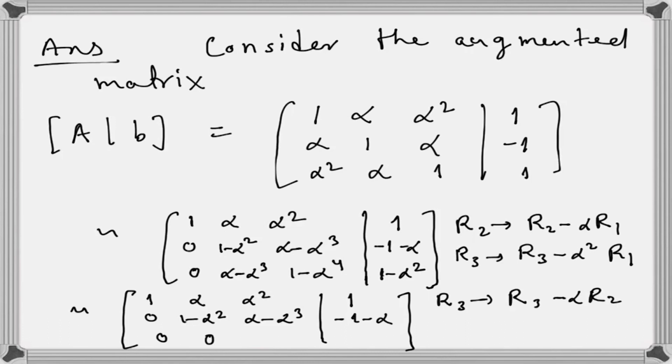This is 1 minus alpha to the power 4 minus alpha square plus alpha to the power 4, so 1 minus alpha square, and this is 1 minus alpha square plus alpha square, so this is 1 plus alpha. Okay, so now this is the reduced form of the augmented matrix.